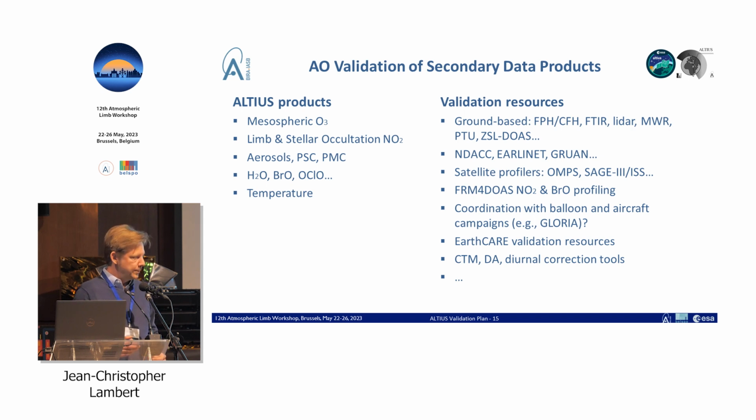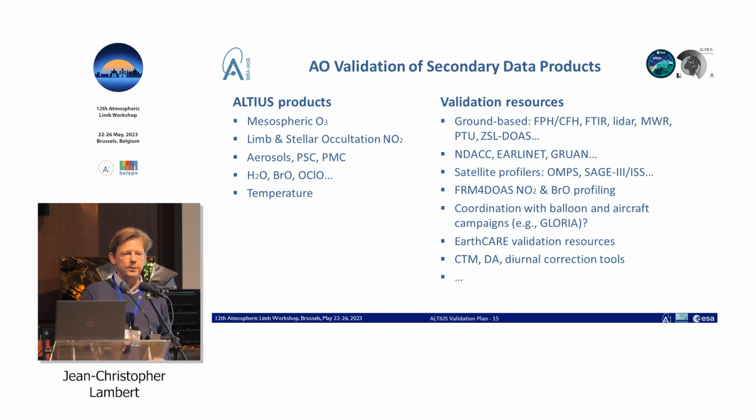Validation resources: we have, of course, the classical ways to validate the different products using ground-based instruments from different networks. Satellite profilers will also be key players in this game. Some projects currently, like FM4DOAS, could also participate in improving the NO2 and BrO profiling from the ground to do that kind of validation.